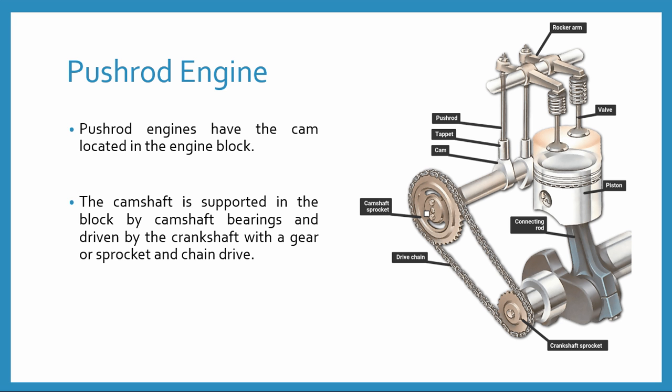The camshaft sprocket is fitted on the camshaft, where this one is the cam, and on the cam of the camshaft, the tappet and push rods are fitted. This push rod is connected with the rocker arm assembly.